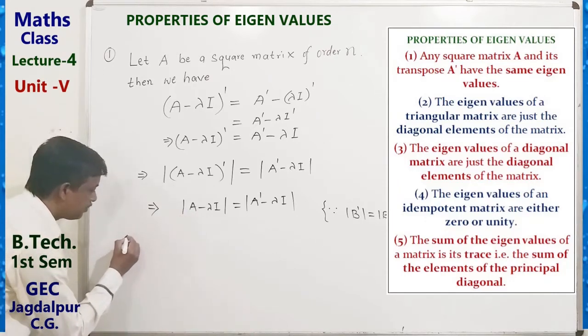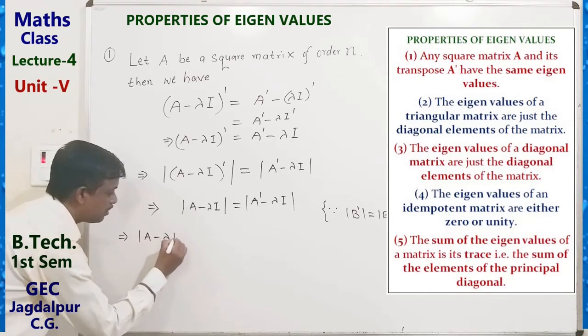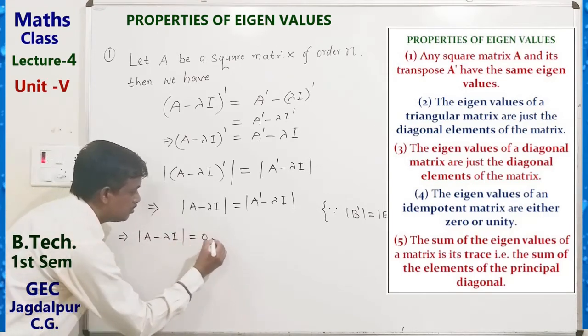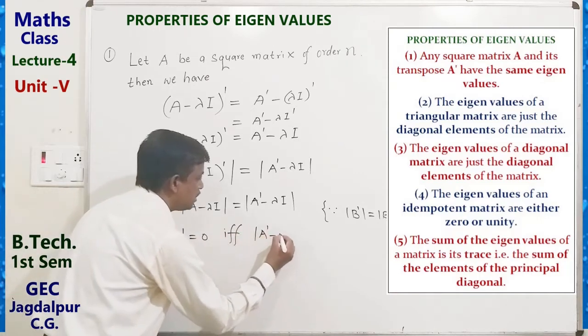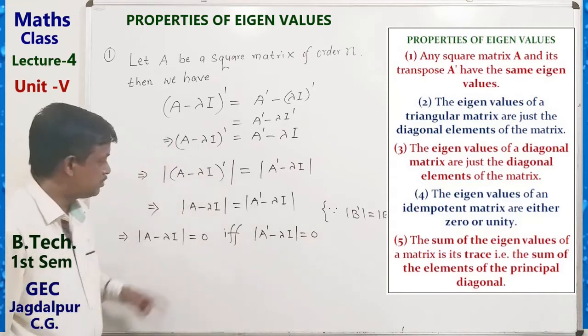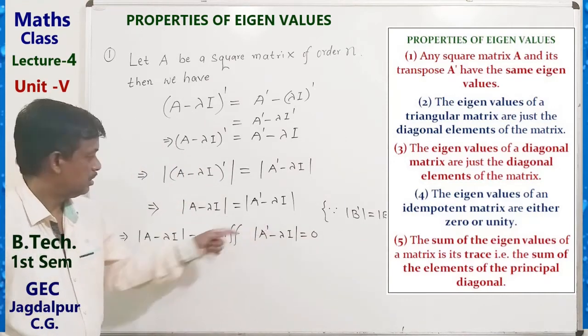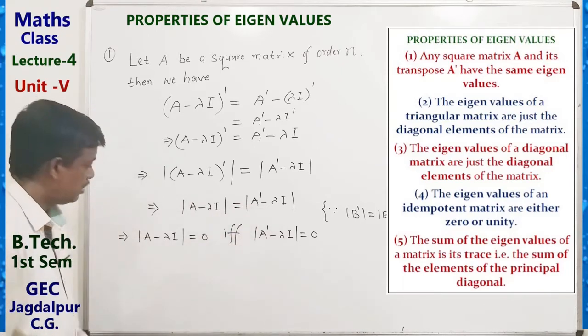Determinant of A minus lambda I is 0 if and only if determinant of A dash minus lambda I is 0.